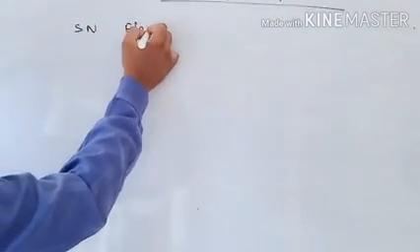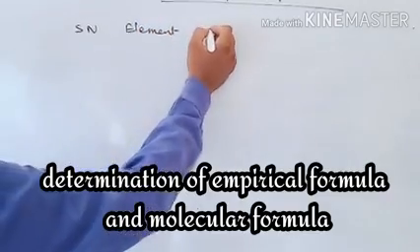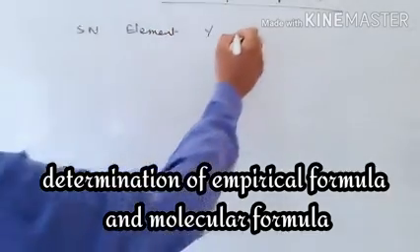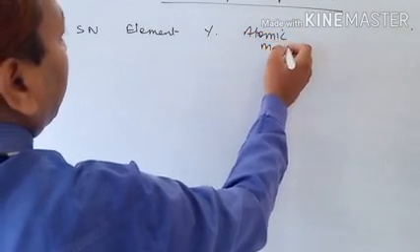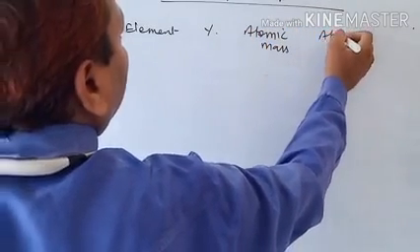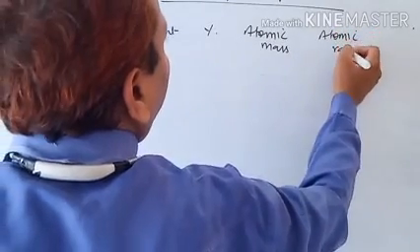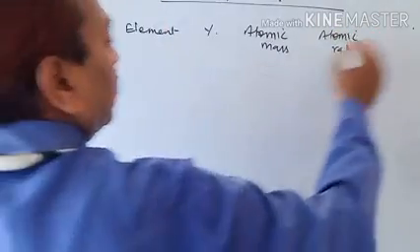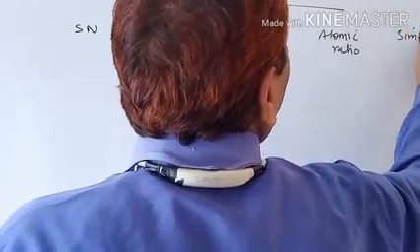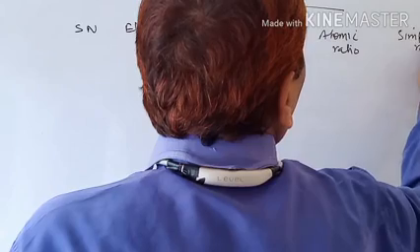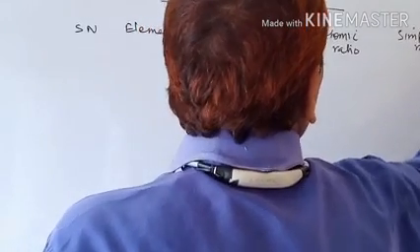In the numericals, it is given: serial number, element name, percentage of element, atomic mass, atomic ratio, and simplest whole number ratio.